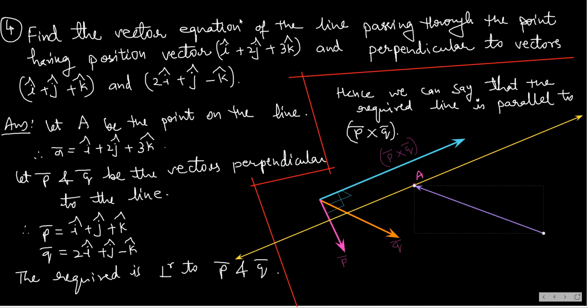So I am given A bar, the position vector of the point. I will take a variable point on the line. Let R be a variable point on the line, and its position vector will be R bar.